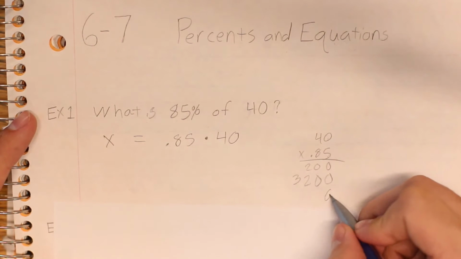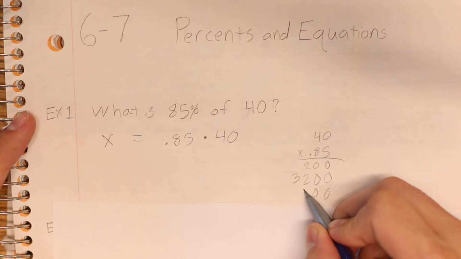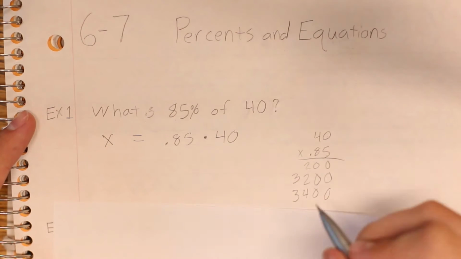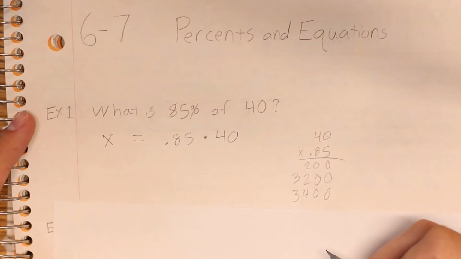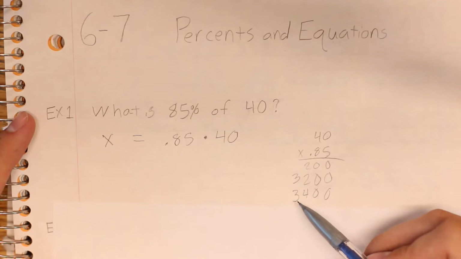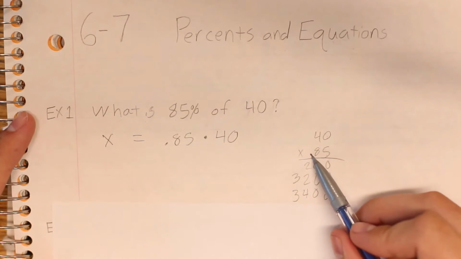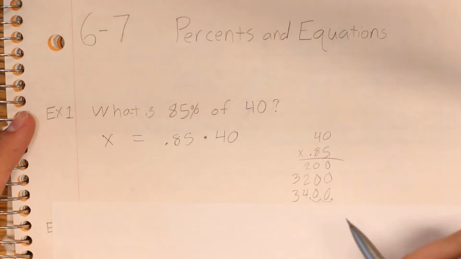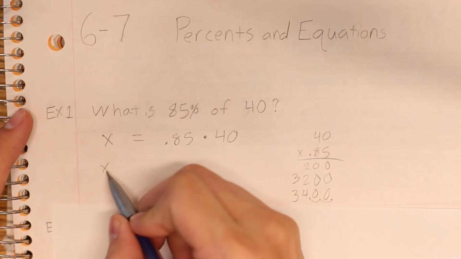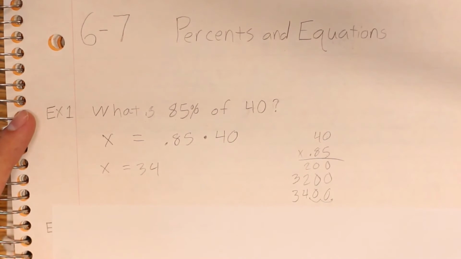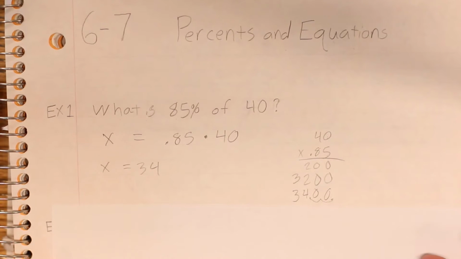So we add all that together and we get 3400. Because there's two numbers after the decimal, we need to start at the back, always the back, and move forward 2 places. So our answer is x is equal to 34. All right? So you get 34.